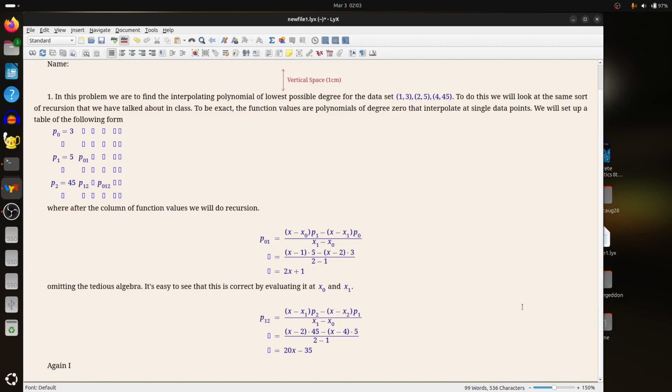Oh, one thing that's worth mentioning, never bluff, never say, I checked this and it worked for the two x values that it's supposed to, when in fact it didn't.